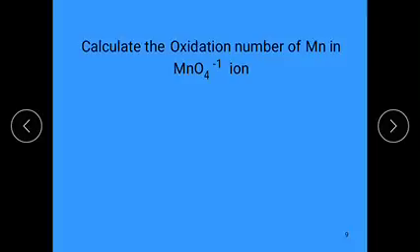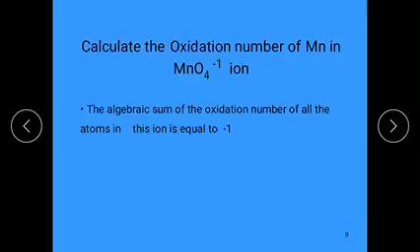the oxidation number of atoms in the ions, we can take one principle, that is the sum of the oxidation number of atoms in an ion is equal to the net charge of the ion.